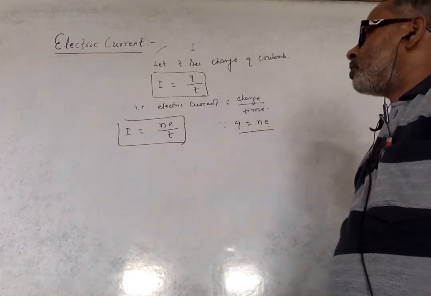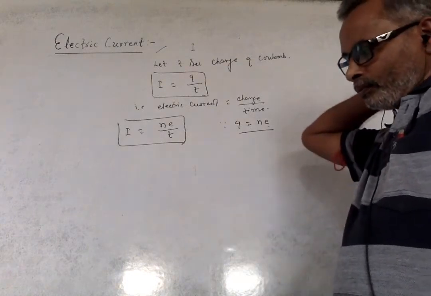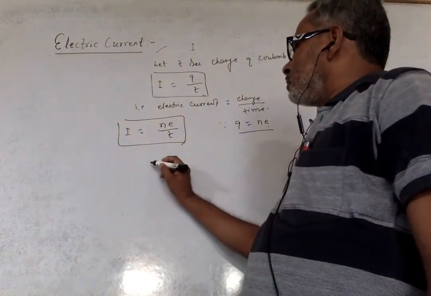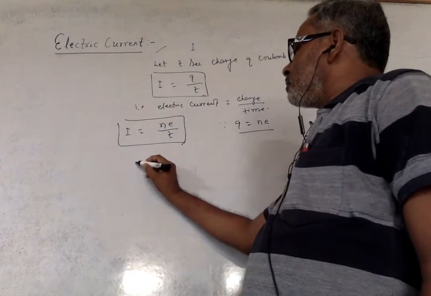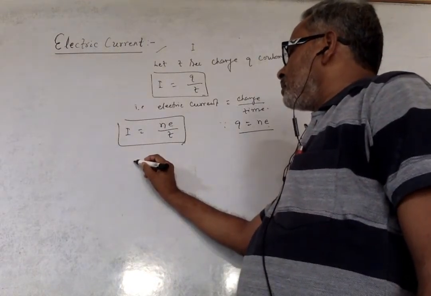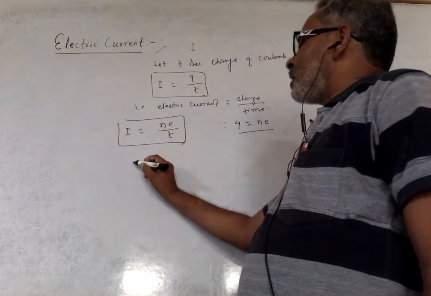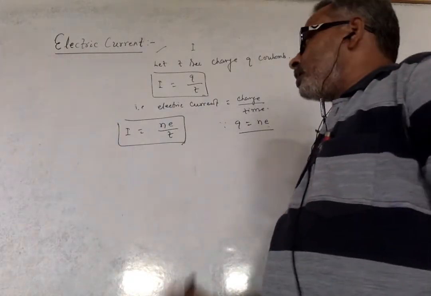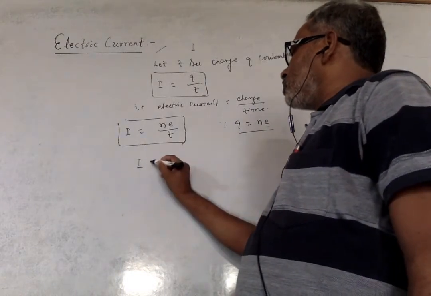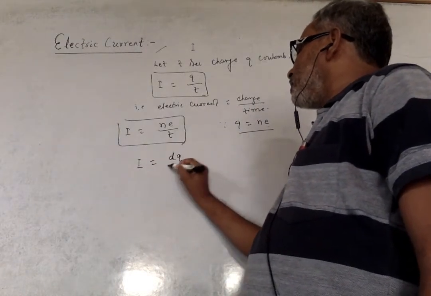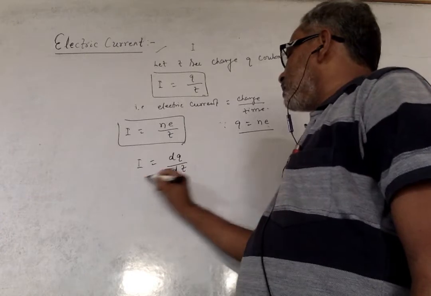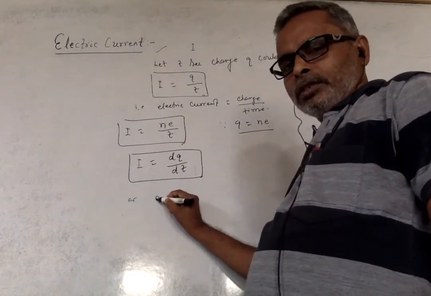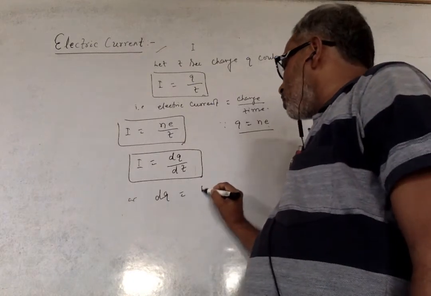We may also say the rate of change of charge flowing through the conductor is called electric current. That is, I equal to dq by dt, or dq equal to I dt.